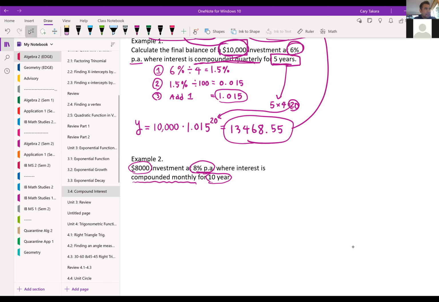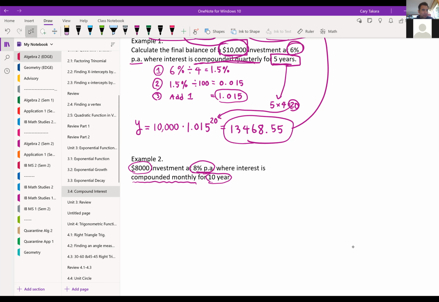Can you indicate the answer for example 2? How much will 8,000 be after 10 years? I should have picked a number that will divide evenly. I guess it's a little too late.